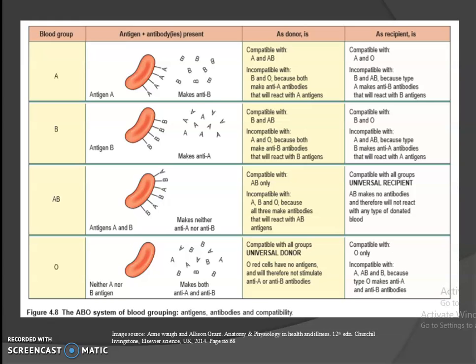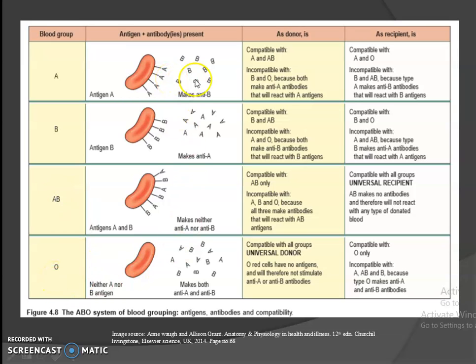These antigens are normally present on the cell membrane of red blood corpuscles. In this figure, you can see the different blood groups: A, B, AB and O.